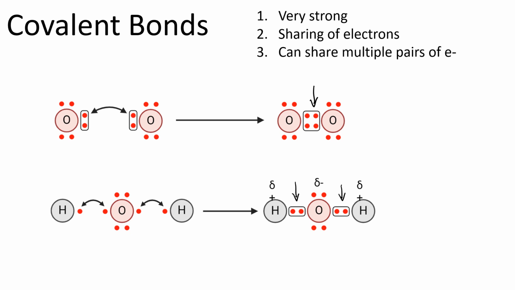When two oxygen atoms come together, they share two pairs of electrons to make what's called a double covalent bond. So this is like holding two hands instead of one.